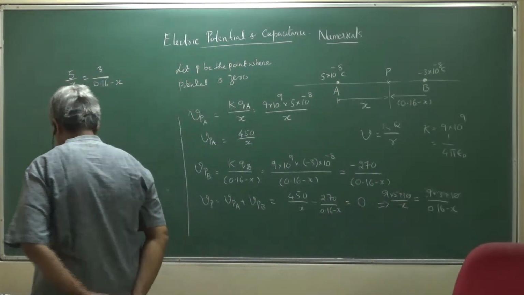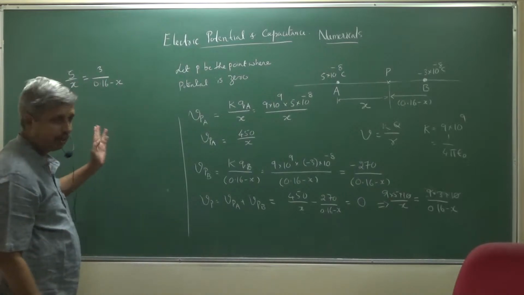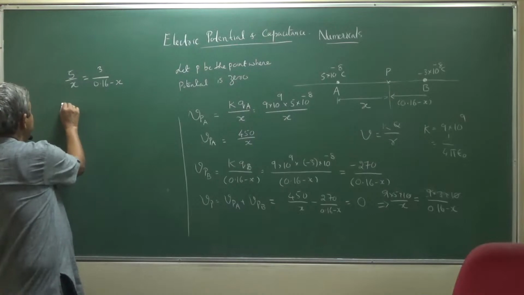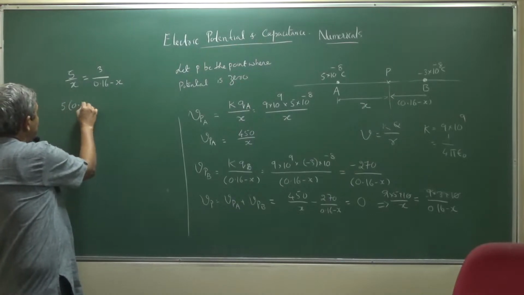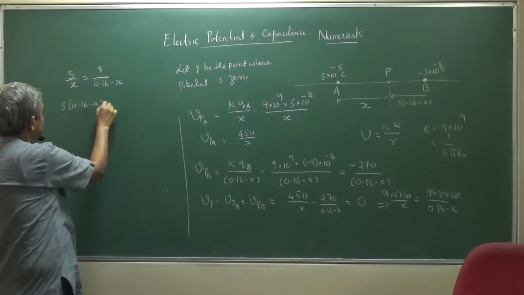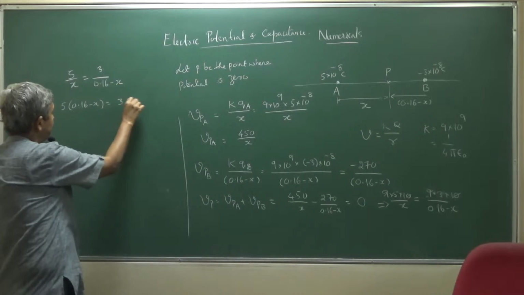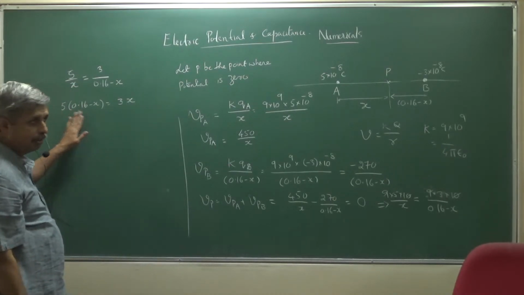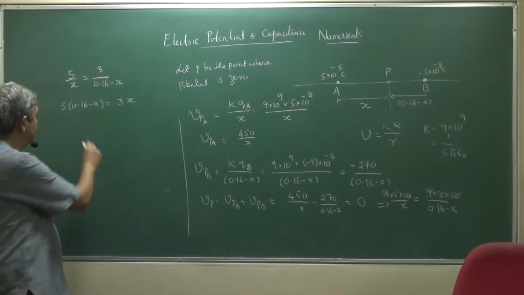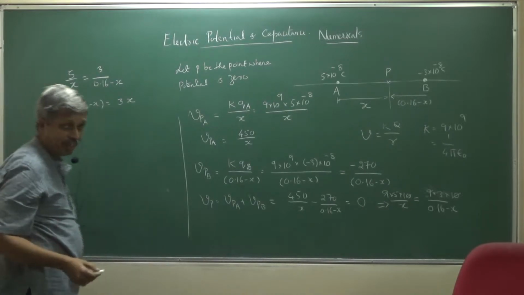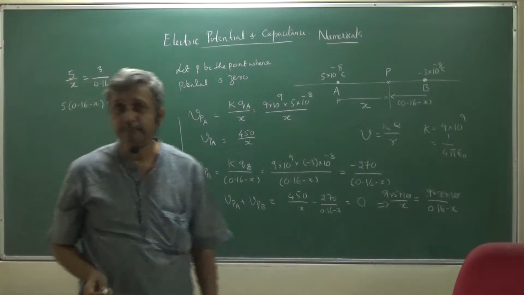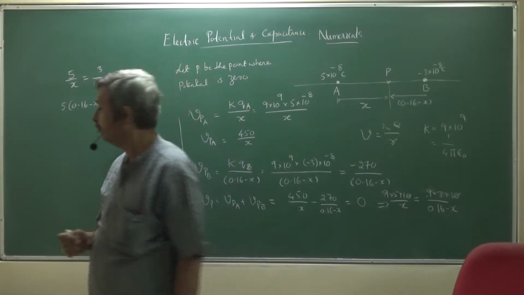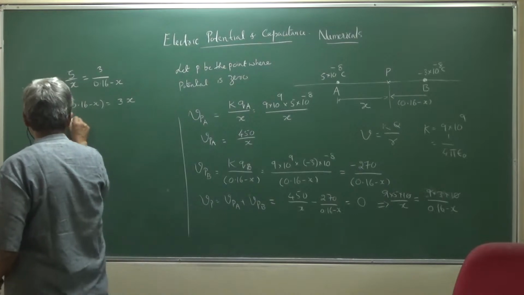So what we will do is cross multiply: 5 into 0.16 minus x is equal to 3 into x. When you multiply this, 16 fives are how much? You have to remember that multiplication table. It is 80.